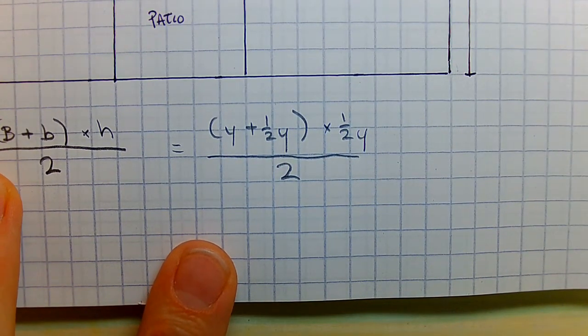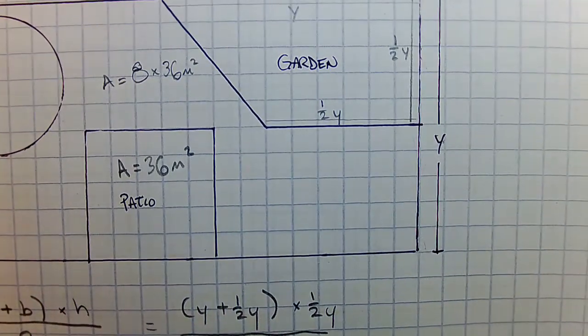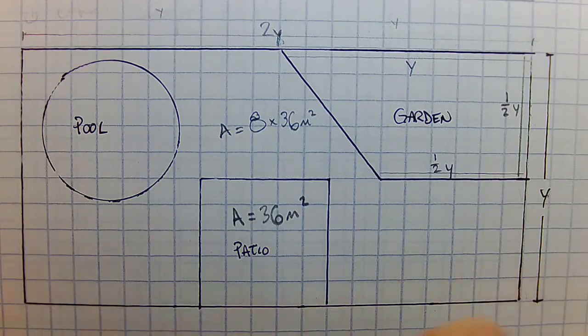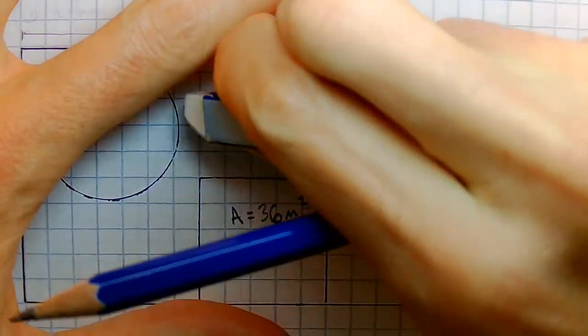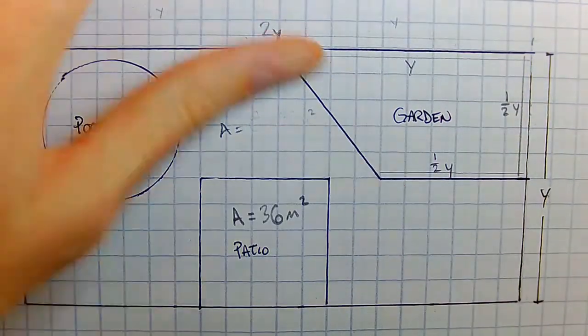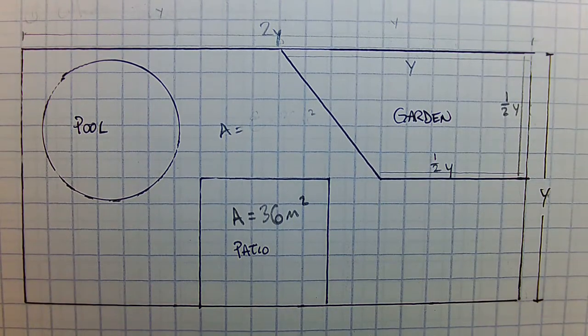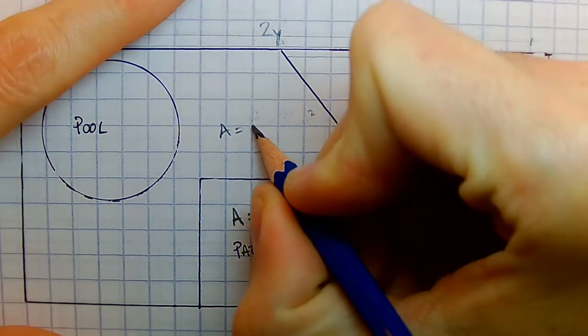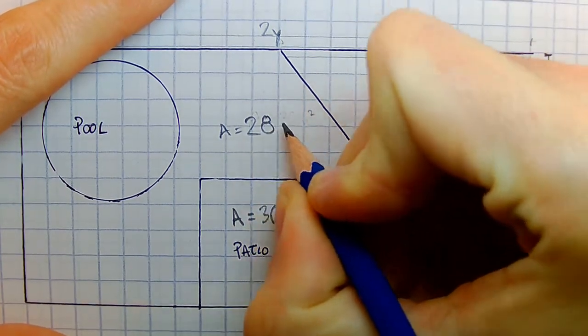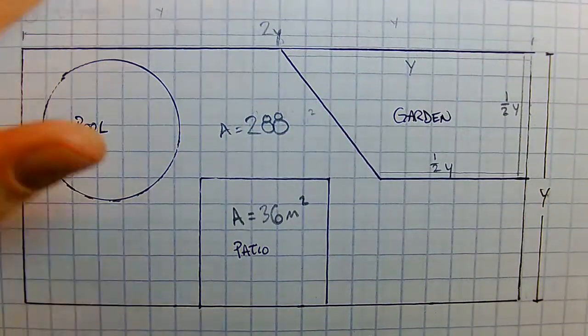The next thing we may want to know is how big y is. So instead of writing 8 times 36 meters squared, I can perform that calculation. And if I know that 8 times 36 is equal to 288, I could say the area of the rectangle is equal to 288.